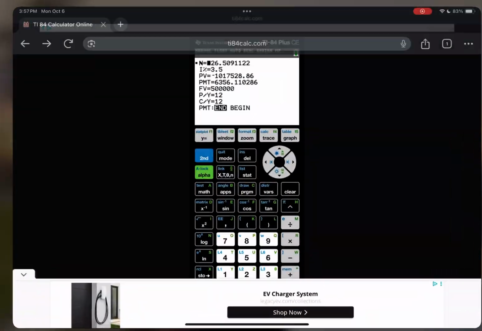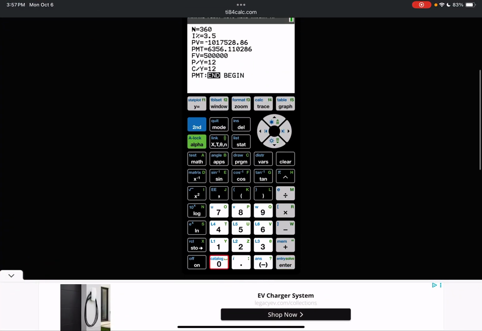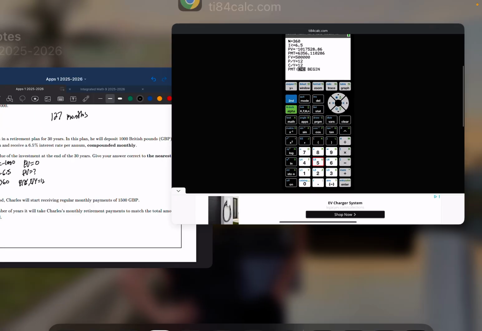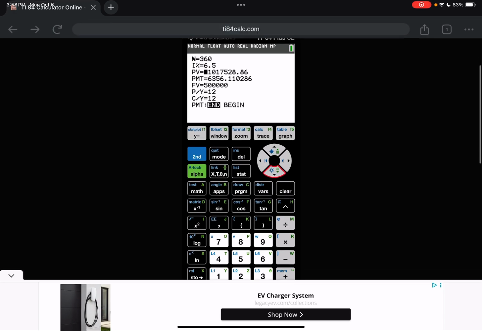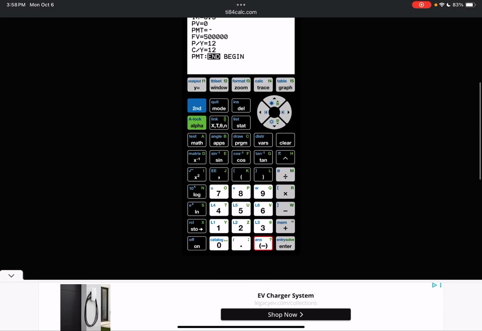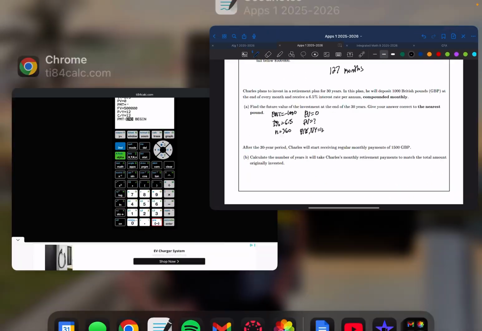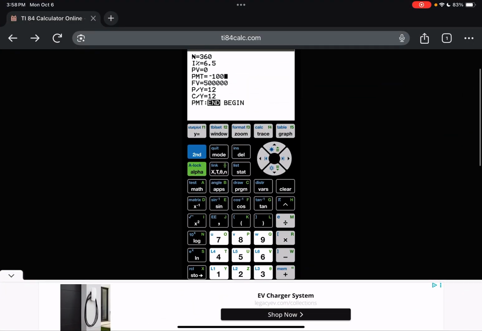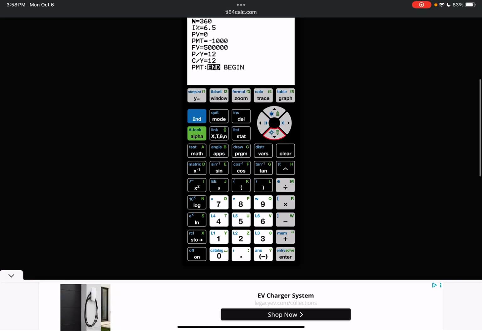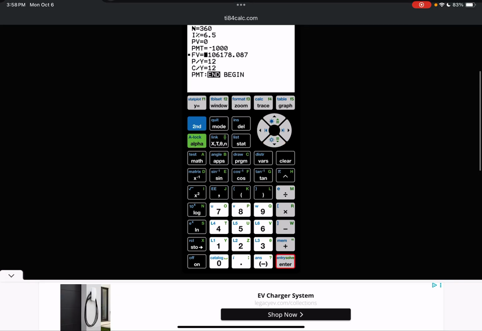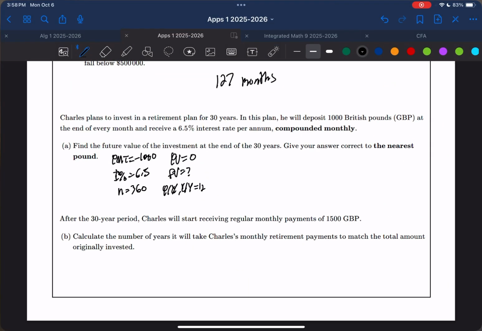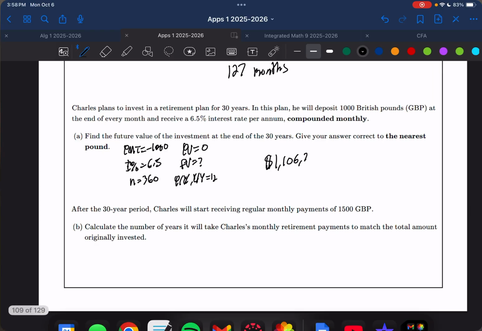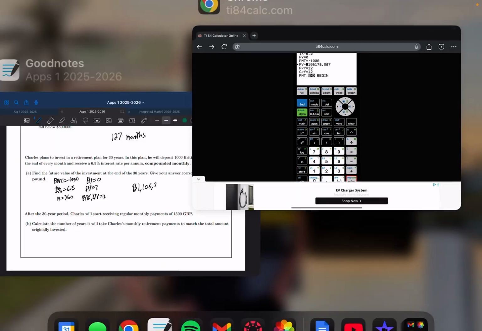All right, so N is 360, that is 6.5. Is that correct? Yep. Present value of 0. Payment of negative 1,000. Future value is what we want to find. We can see that's going to be 1,106,178.